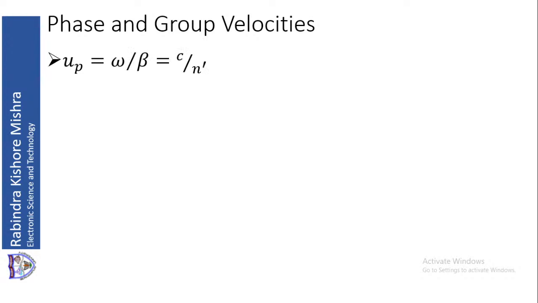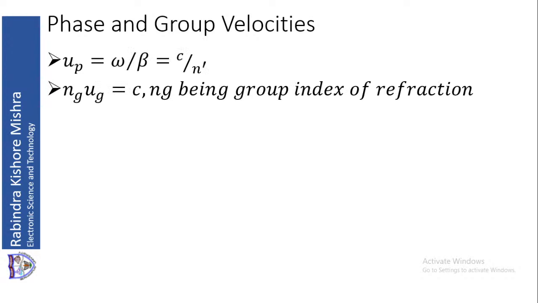Now by definition we define phase velocity as omega upon beta, and that you can write as c upon n dash. n dash is the real part of the refractive index. You can do that easily. Omega by beta is equal to c by n, because omega upon beta is equal to c by root over epsilon. Then Ng into Ug is equal to c.